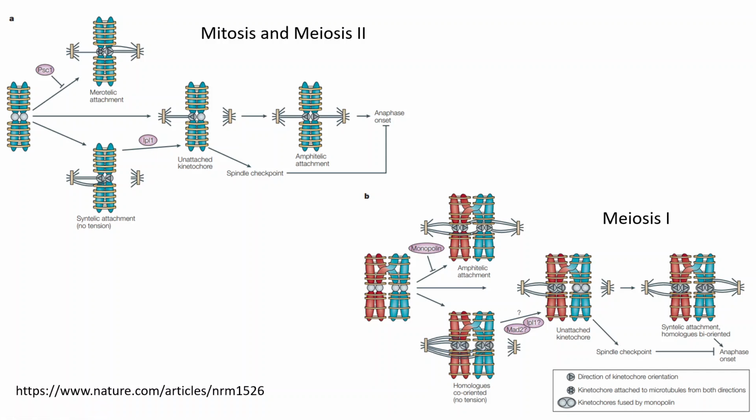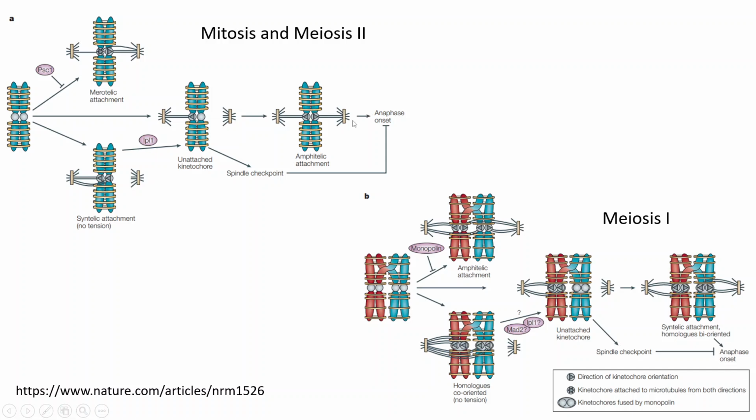Bonus question. Does anyone remember the type of attachment that we would prefer? You can see it from this image only. It is amphitelic attachment. Amphitelic attachment essentially attaches the centrosome with the help of the microtubules to the spindle poles equally on both sides, such that the two sister chromatids are separated equally to two sides of the cell.